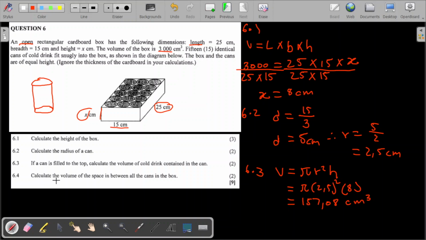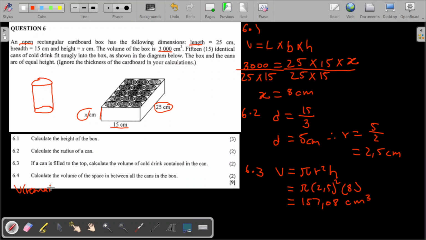Now, calculate the volume of the space in between all the cans in the box. We have the volume of the box, and there are 15 cans, so we need to subtract the volume of all these cans.